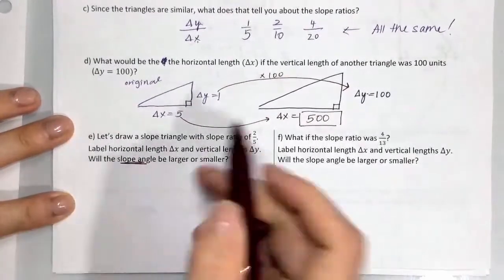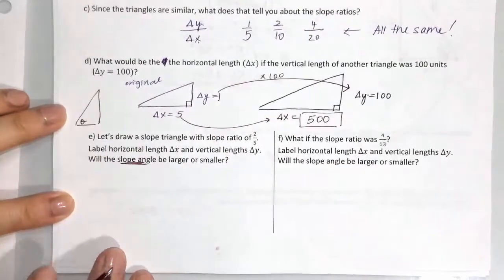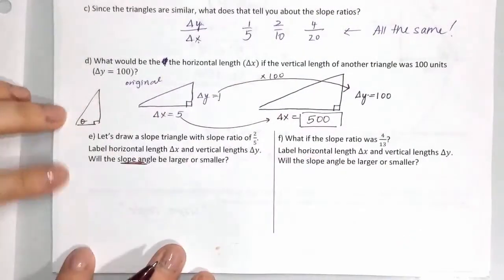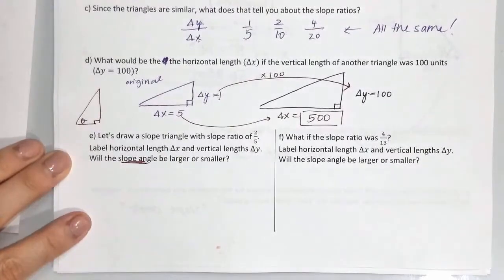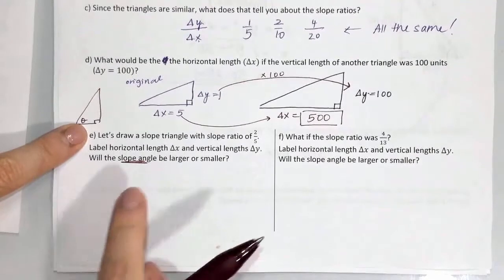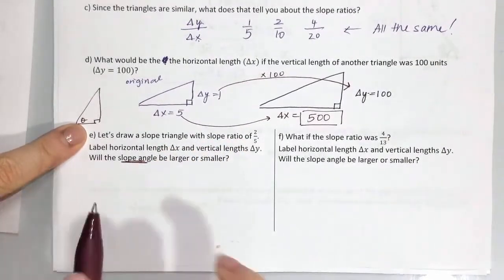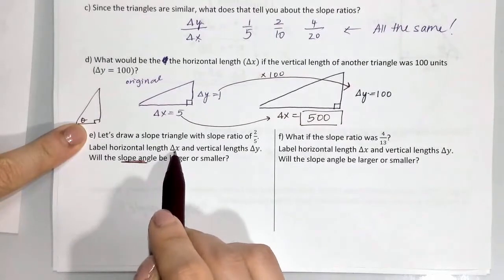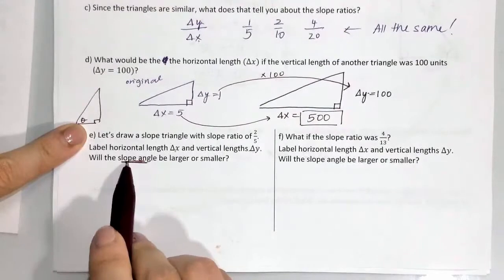So now this is where we're going to take all this in and talk about slope angle. Okay, remember the Leaning Tower of Pisa, the angle of lean, right? From the slope triangle. We're going to now talk about slope angle, and this can get pretty fun. So let's first do part E. We're going to draw a slope triangle with the slope ratio of 2/5. Label the horizontal length, the delta x, label the delta y, and answer this question.